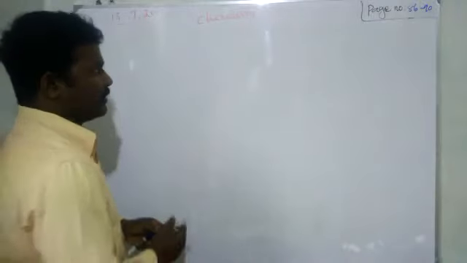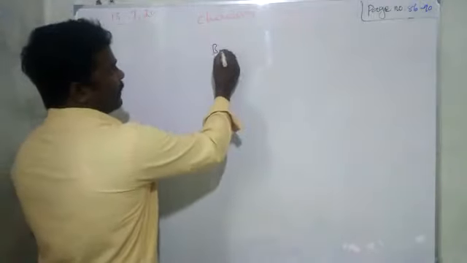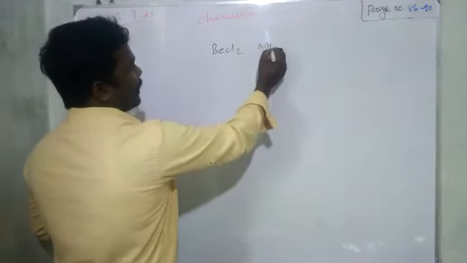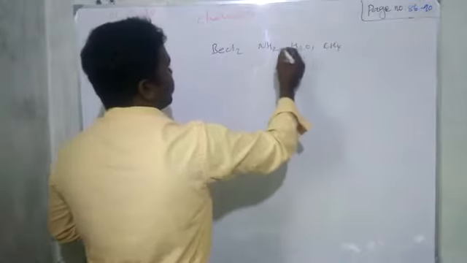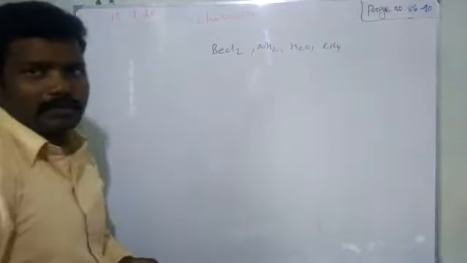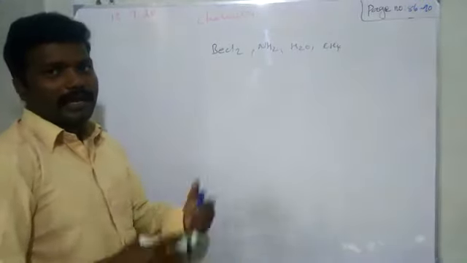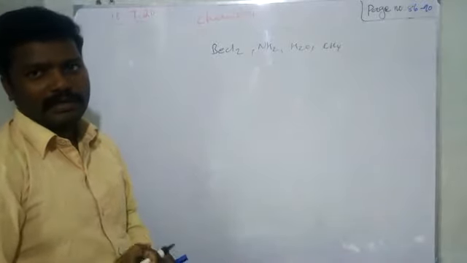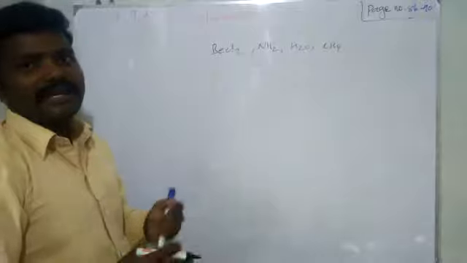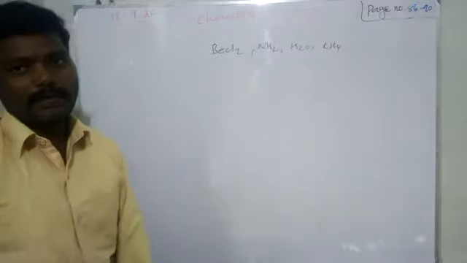In the case of molecules like beryllium chloride, ammonia, water, methane, CH4, which have many atoms, bigger compounds with many atoms participating, we cannot explain all the overlapping.